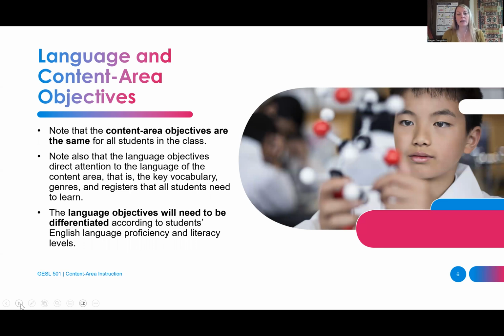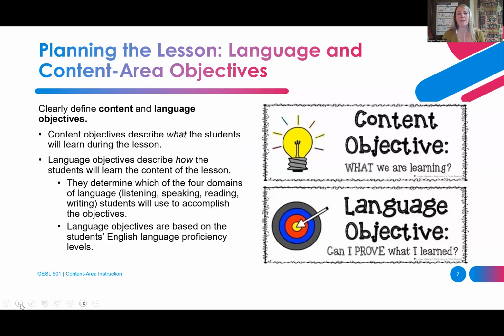Note that all the language objectives direct attention to the language of the content area. So we're focusing on what key vocabulary they need to know. What genres and registers do the students need to learn to be successful in the classroom? The language objectives will need to be differentiated according to the student's English language proficiency and literacy levels. So first, as teachers, we have to clearly define the content and language objectives.